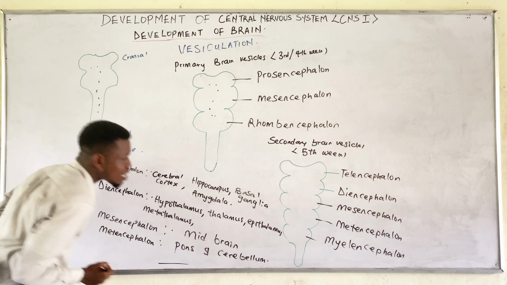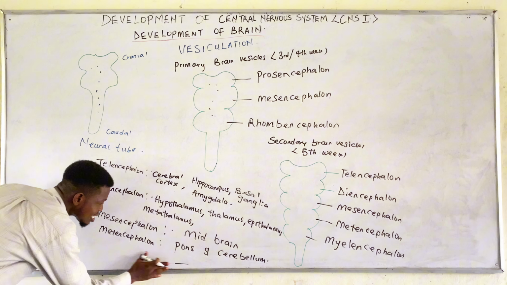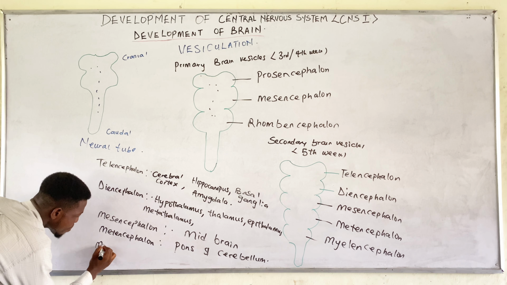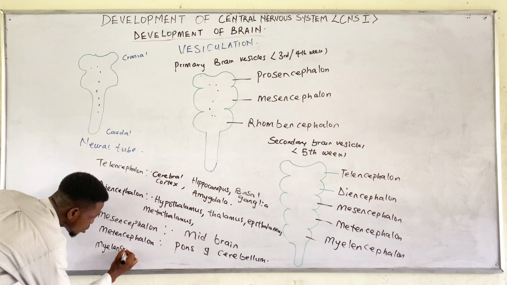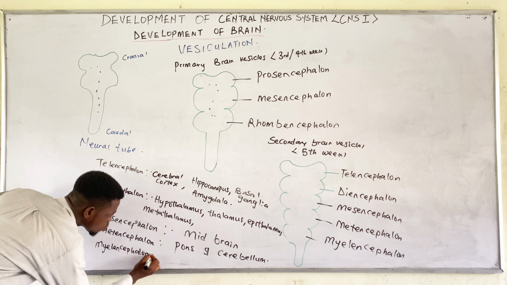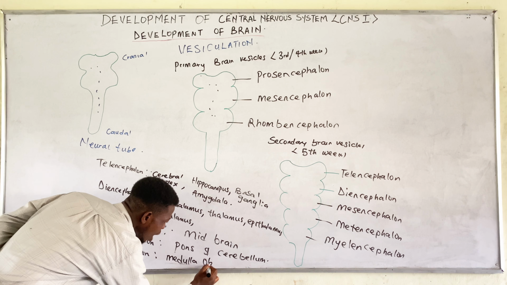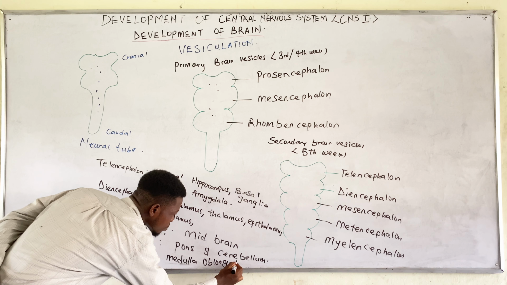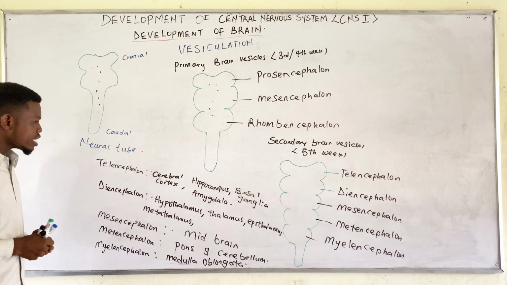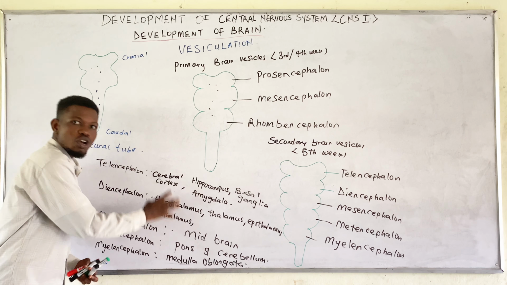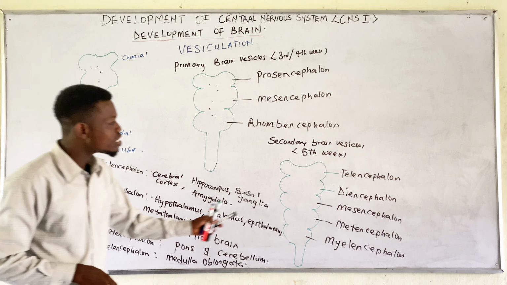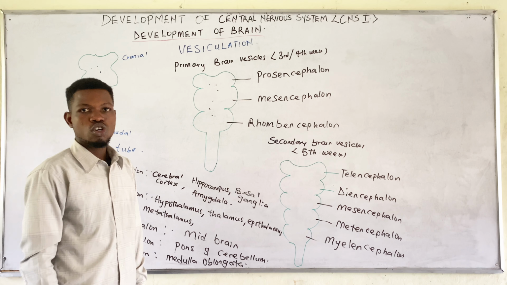Pons and cerebellum. Lastly, the myelencephalon. The myelencephalon will give rise to the what? Medulla oblongata. Yes. So these are what the future adult brain comprises of, and they all come from the what? Secondary brain vesicles.